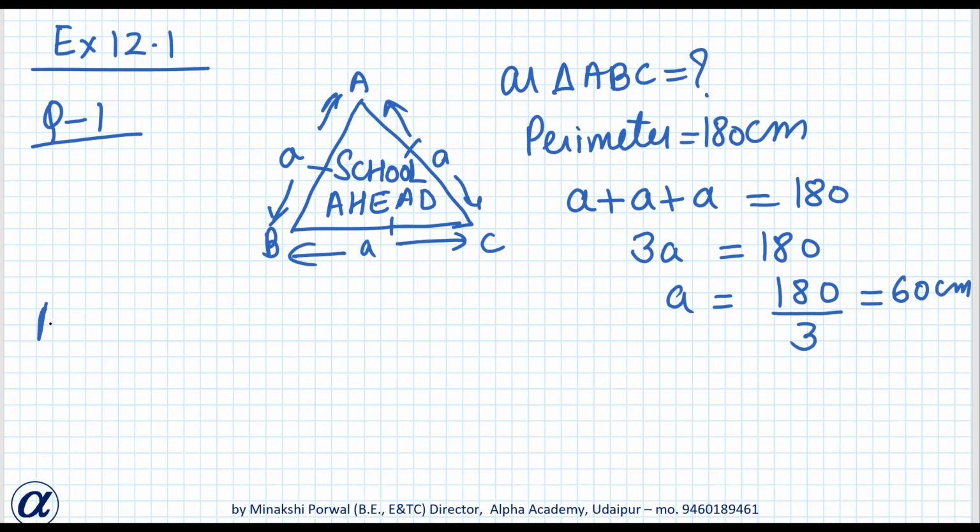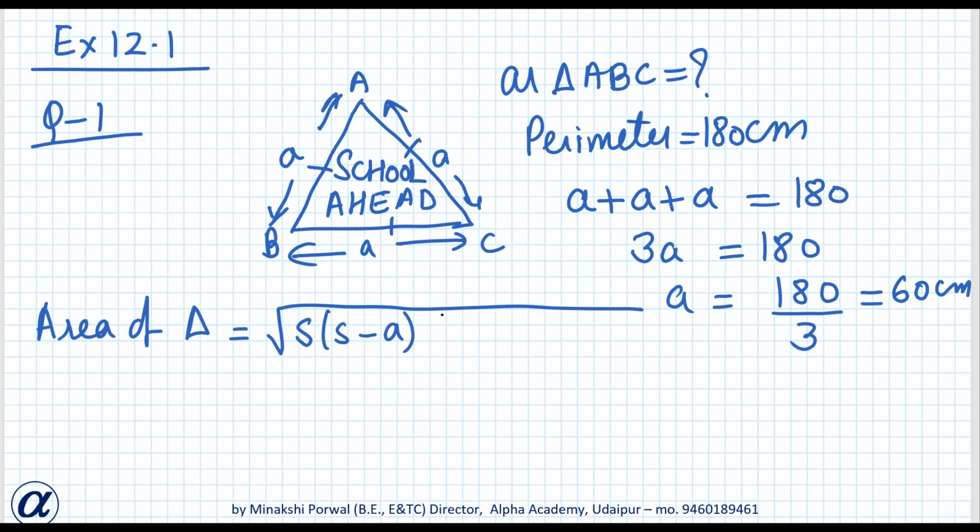Now, area of triangle is given by under root of s into s minus a, s minus b, s minus c. s is the semi-perimeter. So perimeter is given, so semi-perimeter will be half of it.